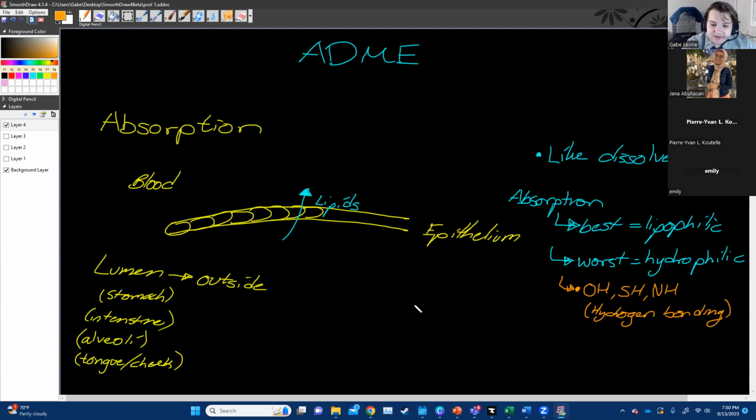Now, does that mean that if you have a ketone, for example, is this hydrophilic? It's polar. So it's going to interact a little bit because we have a partially negative oxygen, partially positive carbon. But is this really hydrophilic? Not really.